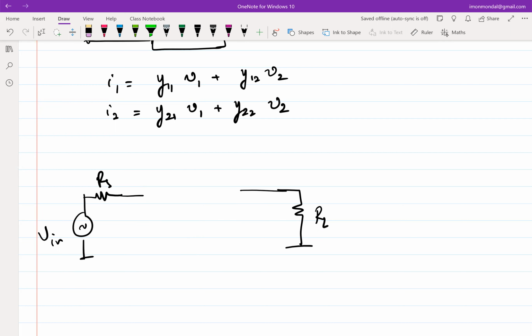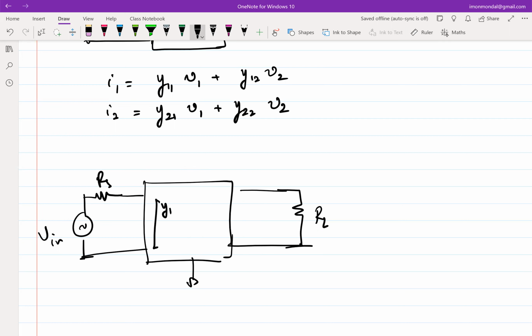And because it has to be nonlinear, we have been doing all sorts of analysis. And now that we have a framework to analyze, we can use that framework to figure out what other properties this network has. In other words, now that we know that this network can be expressed in terms of incremental Y parameters, essentially what we are asking is whether any good old Y11, Y12, Y21, Y22 will suffice, or whether there are particular characteristics of this Y parameter matrix that we require in order to get power amplification.